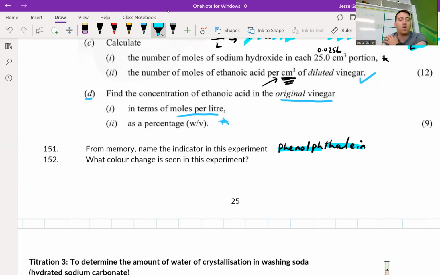What color change is seen in the experiment? Well, it begins in the base, so it's pink in the base, and it changes to colorless. So well done if you got the name and the color change. That will be 9 marks in your question, so almost 20% of the marks going for the name of the indicator and the color change.